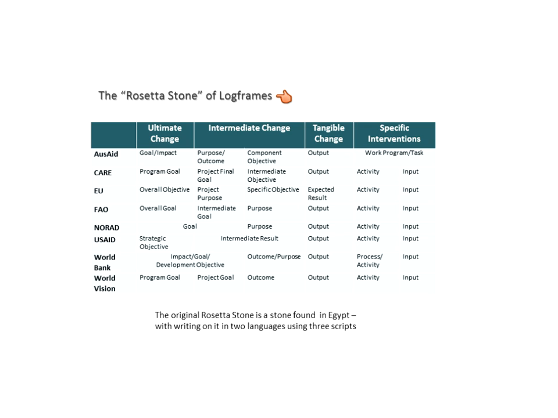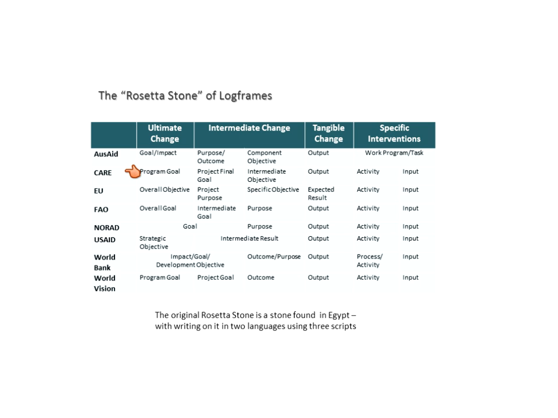At one point, a development professional, Jim Rue, put together a graphic. He called it the Rosetta Stone of log frames. And the original Rosetta Stone, as I have at the bottom of the slide here, is a stone found in Egypt with writing on it in two languages using three scripts. So this is trying to show you that there are different languages, different scripts used in organizations.